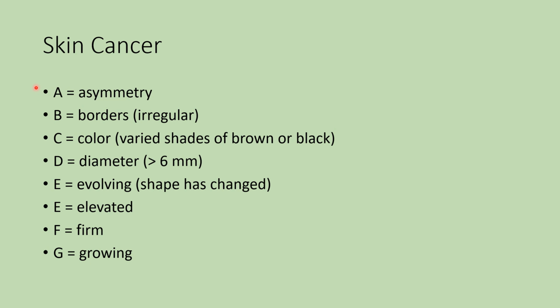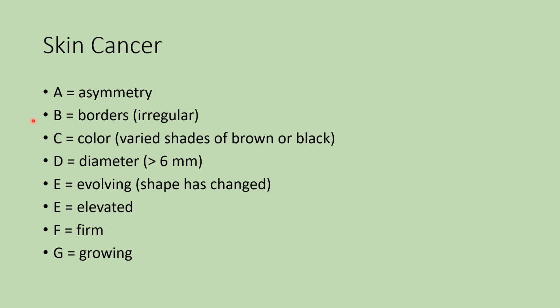So the ABCD for cancer: look at asymmetry. Do you have a spot and it's not perfectly even? One side does not look like a mirror image of the other. Get it checked out. Look at the border. In that last picture we saw, the border there is very irregular. If it's not a nice smooth border, most moles will have a smooth border.